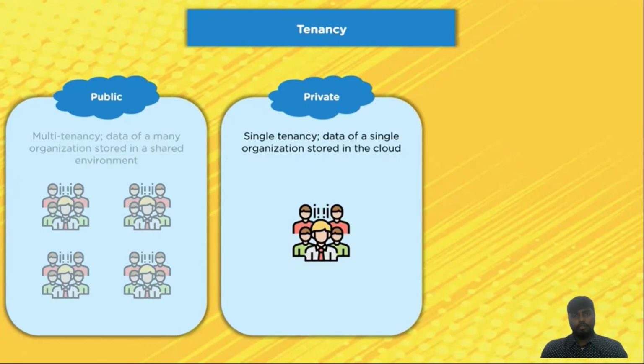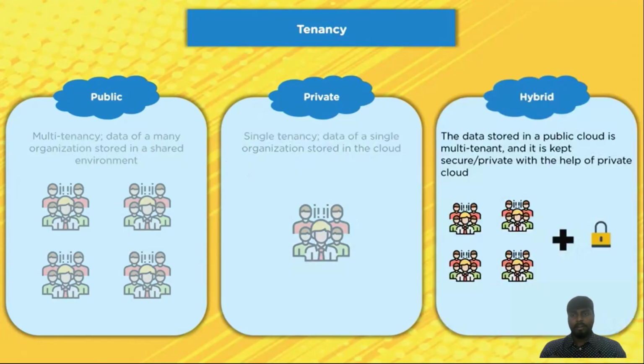The data of the single organization is stored in the cloud. Only the single organization's people can access that cloud. The hybrid cloud: as I mentioned, hybrid cloud is a combination of public cloud and private cloud. Some of the data is multi-tenant, and much of the data is private, secure, single tenant.